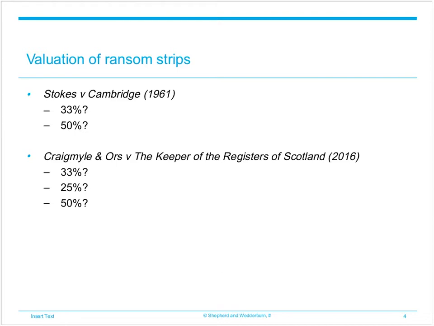It involved an area of land, a small triangular area, that had been incorrectly registered. The question was whether it was a ransom strip and what should be the quantum of damages the keeper required to pay Mr. Craigmile. It was accepted that the land had been incorrectly registered. It was argued for the keeper that the land was not in fact a ransom strip, as there were other alternative means of access.